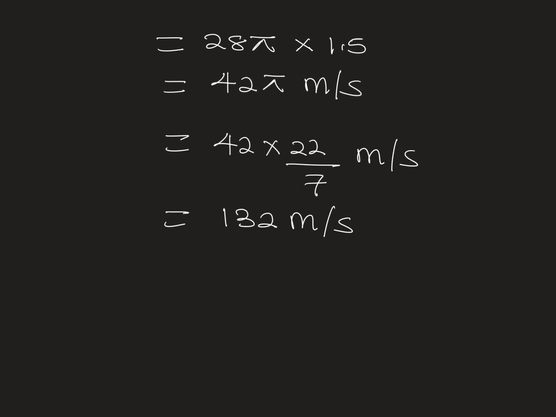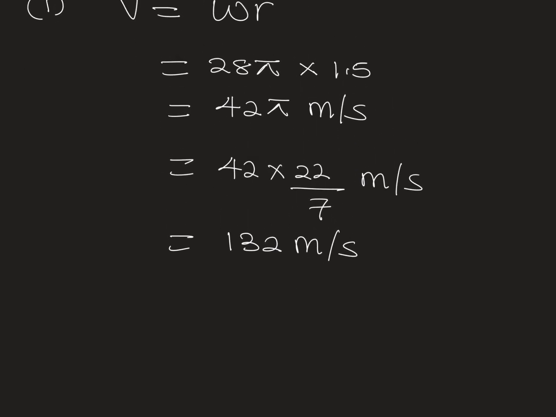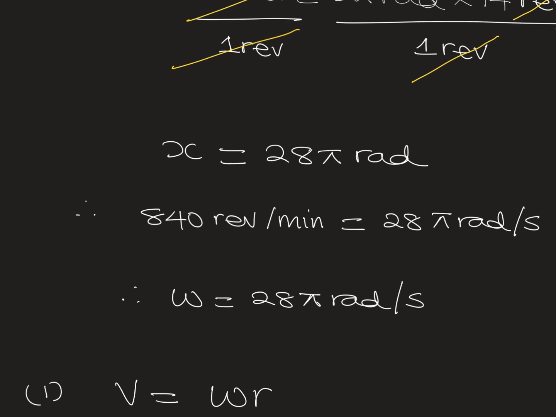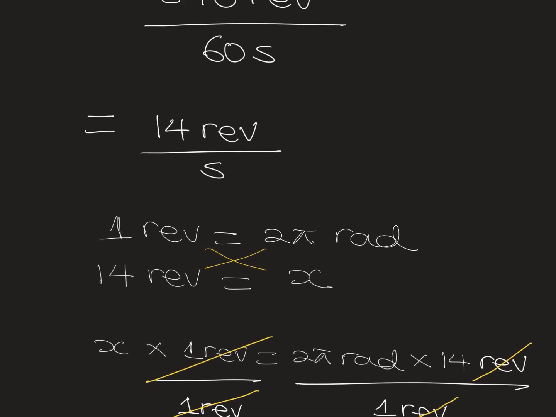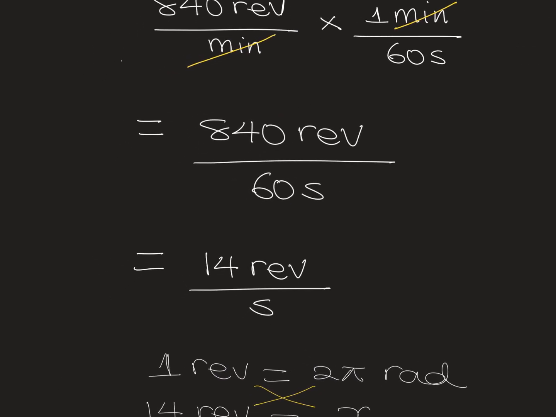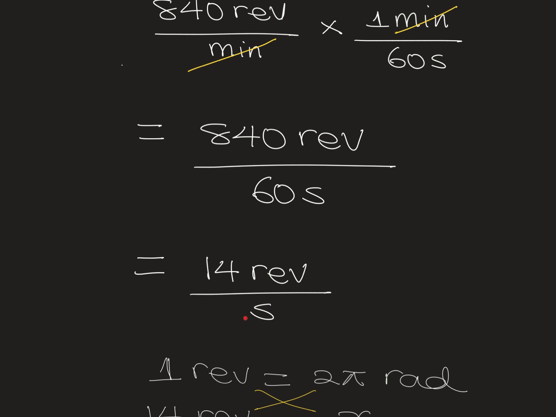But we can also use an alternative formula, that is v is equal to 2 pi f r. I hope you can remember this formula as well. So what is the frequency? Like I told you previously, frequency is the number of revolutions in 1 second. So here is already 1 second.